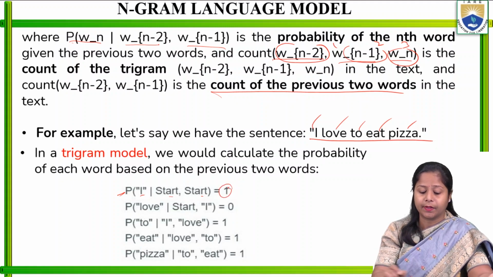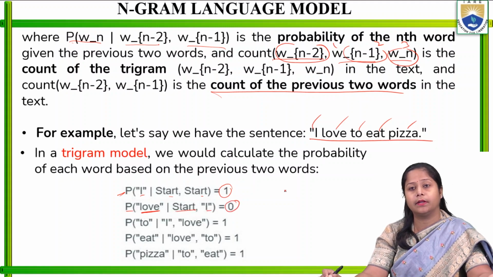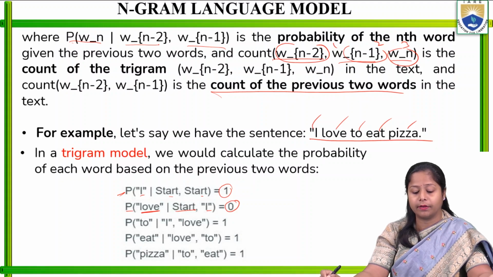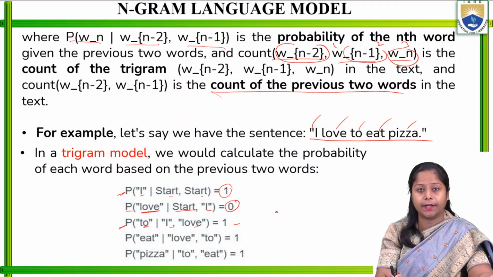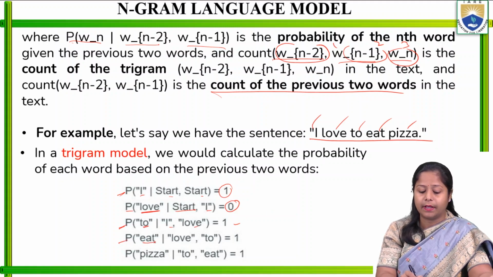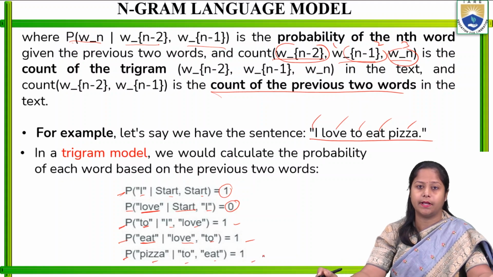Probability of love given start, comma I: that occurs 0 times, that is not there. Probability of to given I love: one time it has occurred. Probability of eat given love to: one time it has occurred. Probability of pizza given to eat: one time it has occurred.